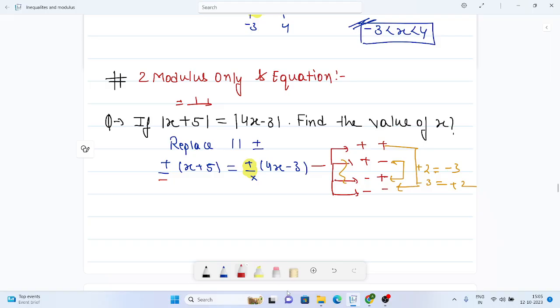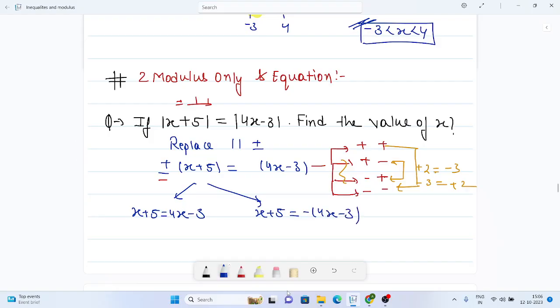So here what I do, I remove this sign. Okay, so I got 2 cases here again. x plus 5 equal to 4x minus 3, or x plus 5 equal to, if I take negative sign here, minus of 4x minus 3, right?